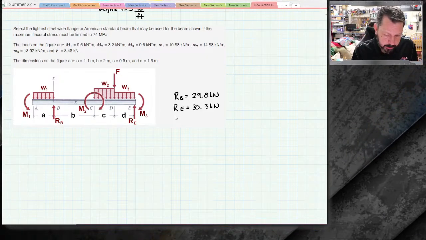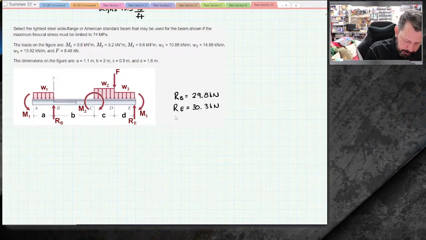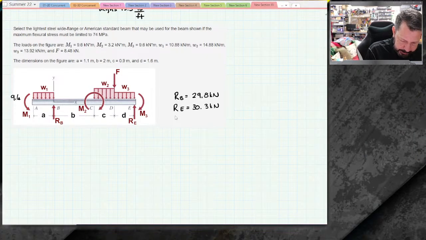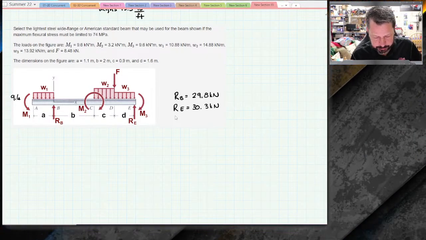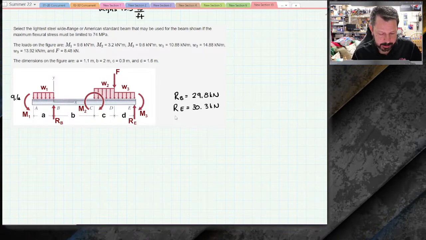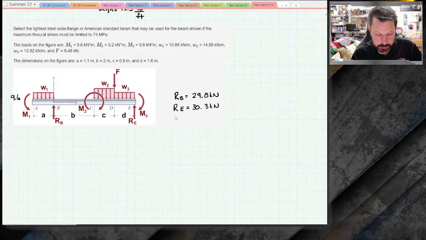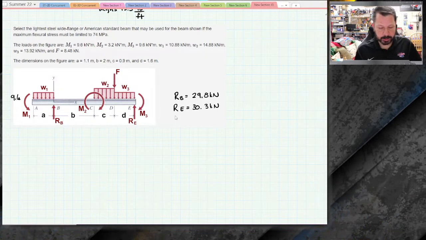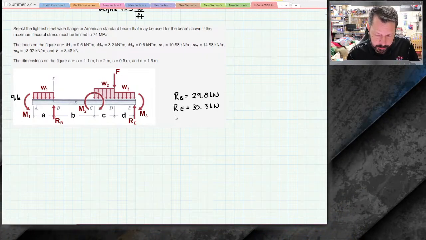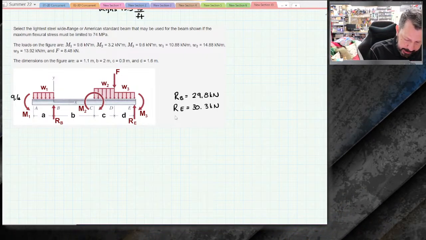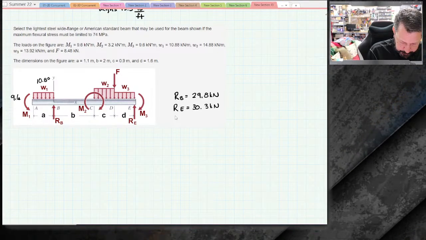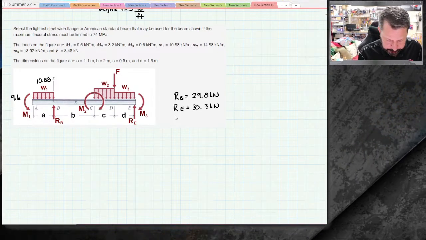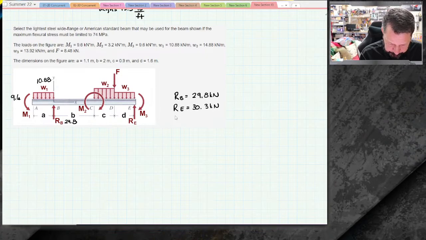All right, so M1 is 9.6. I'm going to have to leave the units off just to make things fit, but these are all in kilonewtons and meters, so we'll just have to remember that. W1 is 10.88. RB we just found, 29.8.